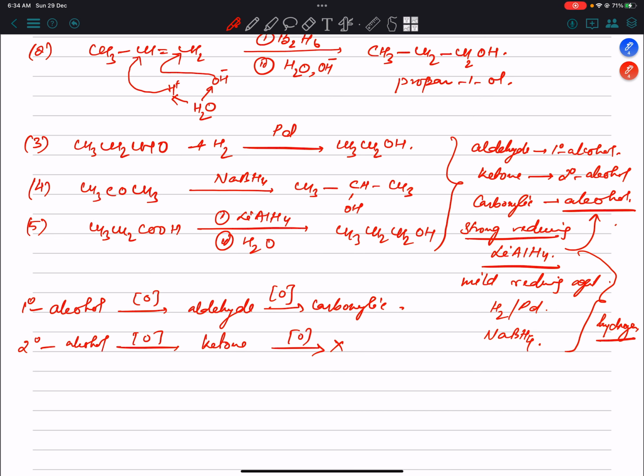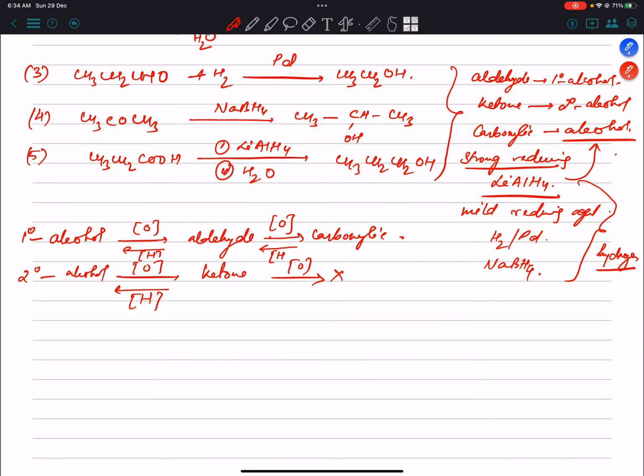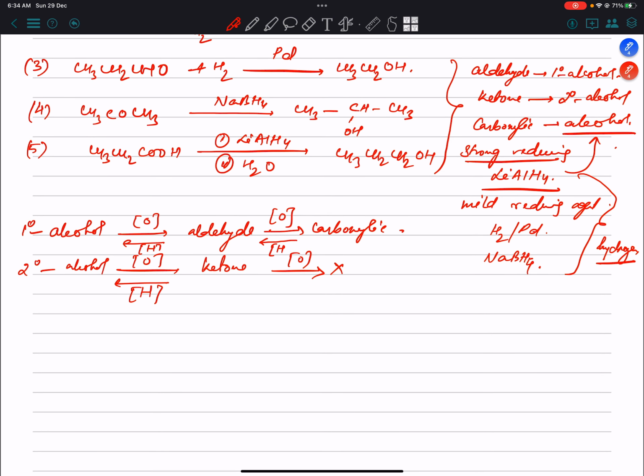But if you do the reverse of the oxidation, meaning if you want to make aldehyde from carboxylic acid and primary alcohol from aldehyde, then you have to do reduction. So you can remember the sequence of reactions here.